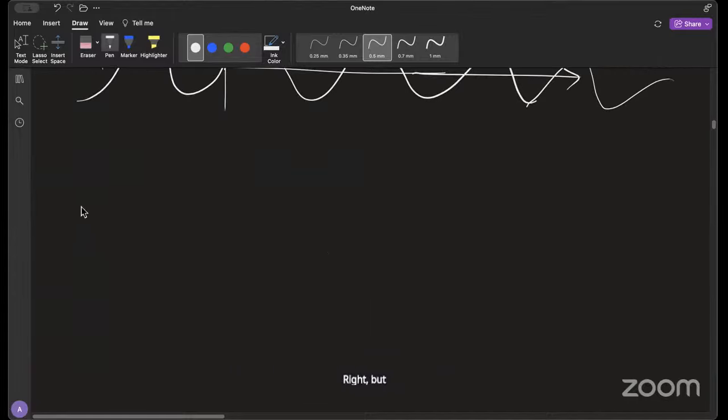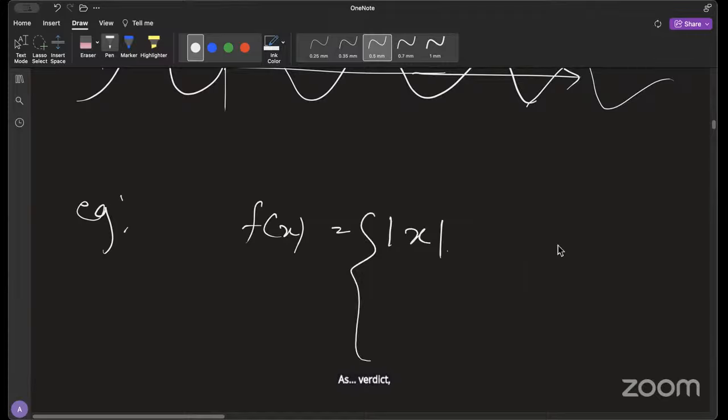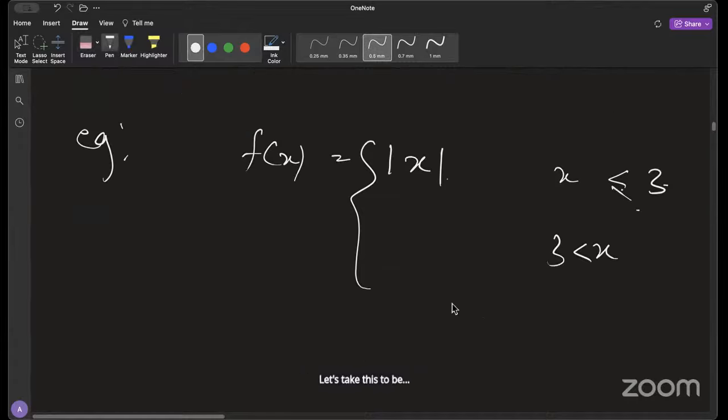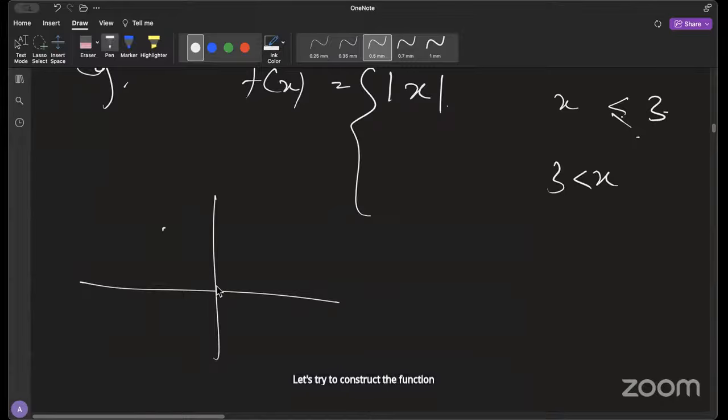Right, but let's say you have another function. Let's take this example. Let's say you have a function as mod x for x less than 3, and for x greater than 3, let's try to construct a function like this.